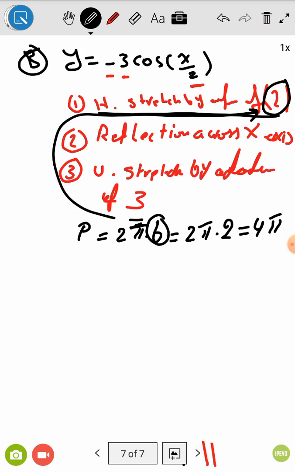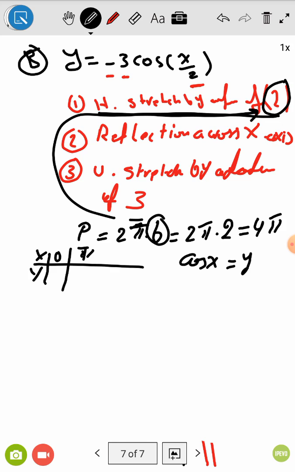Good. Now, after making this, again, guys, what I have to do, we have to do the parent for the cosine x, the parent, 0. It's like the sine: the start, pi out of 2, then pi, 3 pi out of 2, and 2 pi.